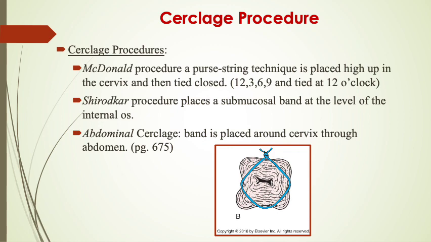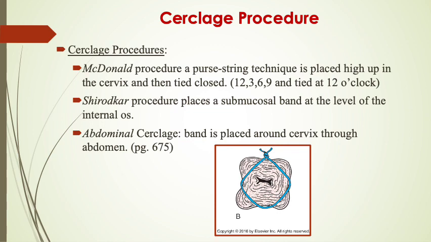So they usually start at 12. So a stitch is made at 12 o'clock. They take it to 3 o'clock, down to 6 o'clock, and then to 9 o'clock. Then they tie it now. It goes up to 12 o'clock again, the second time, and it is tied at 12 o'clock. So this is done to prevent preterm delivery or miscarriage.